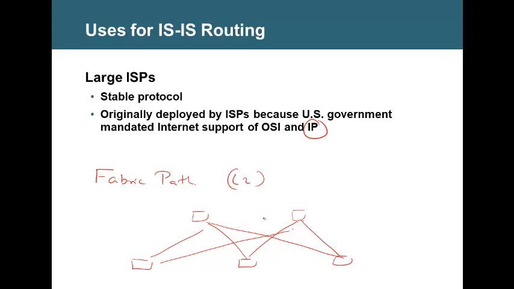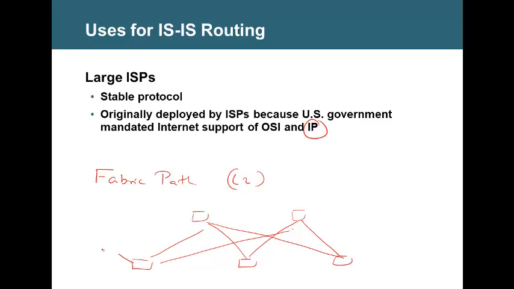It is an encapsulation. Every switch has got a fabric ID, like an IP address you have, like in ACI you have a VTEP address, here you have a fabric ID. It's like a MAC address, which is dynamically generated by every switch.